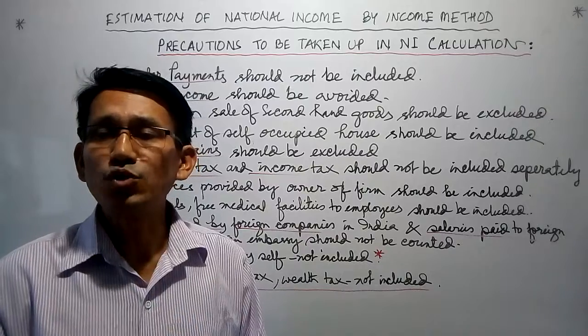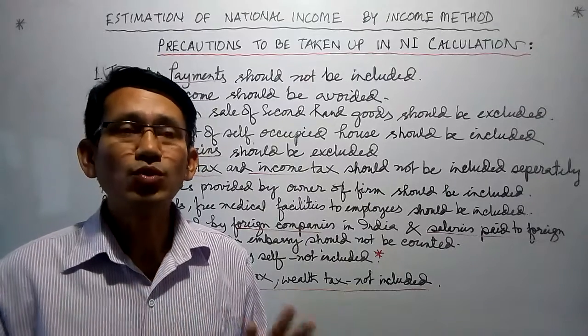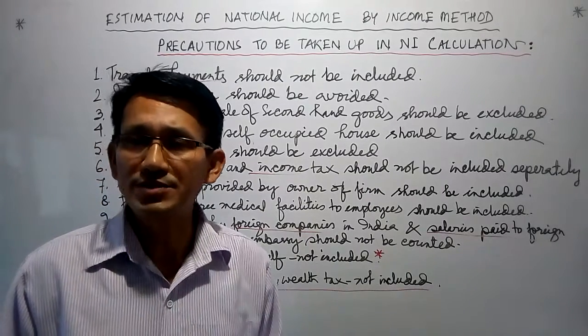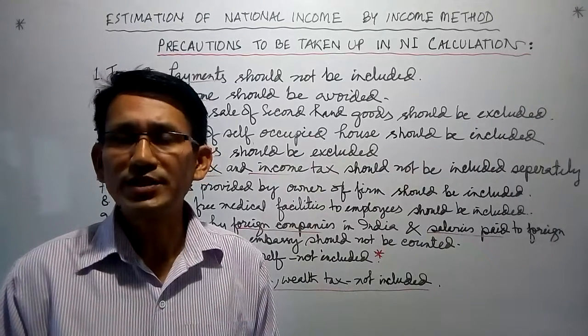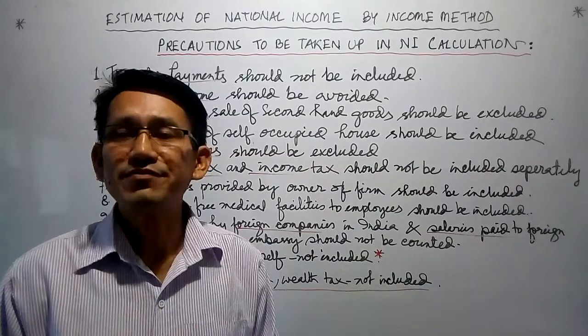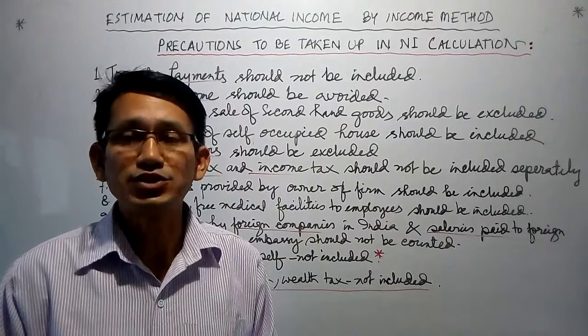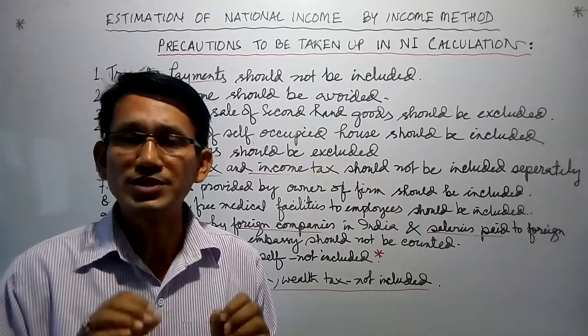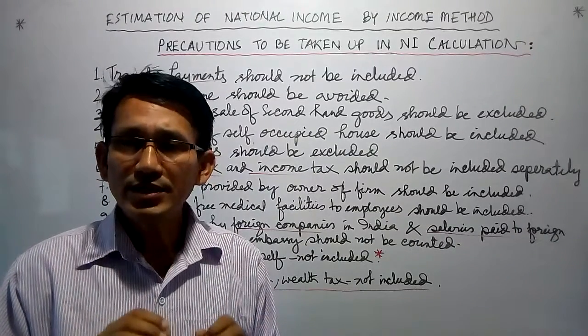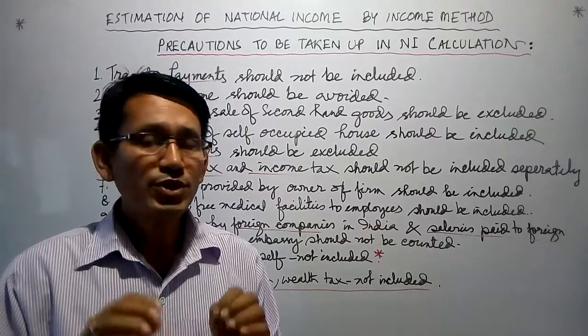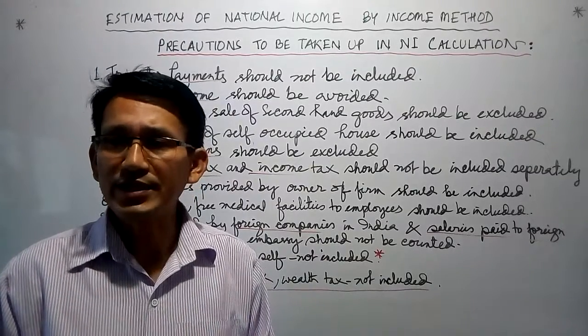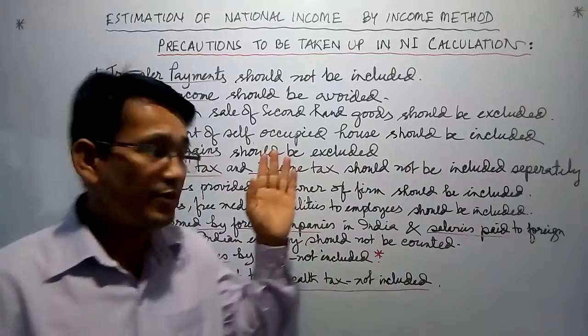Any income corresponding to which there is no flow of goods and services or value added should not be included in the calculation of national income. Only the factor income or payments involved in the production of goods and services are included in the calculation of national income. So precautions are to be taken in respect of the following items.